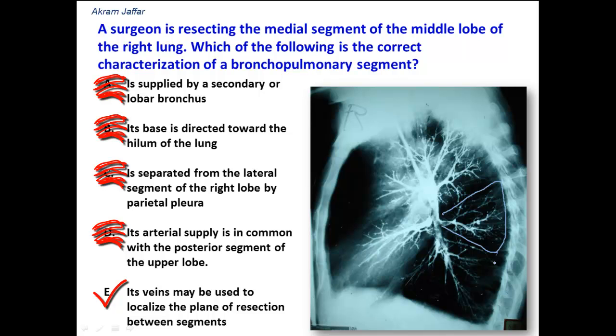But we are talking about a segment of a lobe, and in this case the veins, which are located at the periphery of the segments, not necessarily the medial segment of the middle lobe as mentioned in this question, but any segment of the lung, can serve to localize the plane of resection of the segment, because these veins are located between two adjacent segments, and in fact they drain the two adjacent segments.